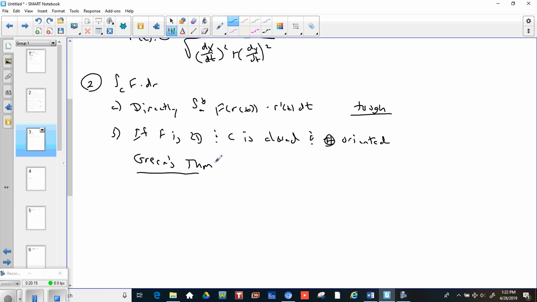And Green's theorem, again, we'll restate: double integral over D of dQ/dx minus dP/dy dA. Green's theorem is good. It makes doing it really simple. It's very nice.